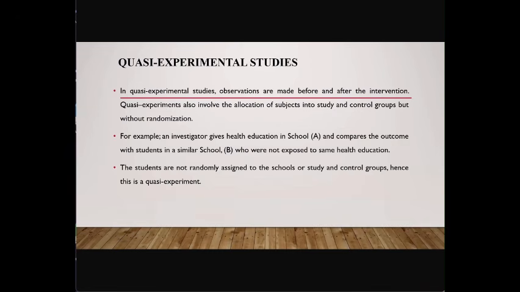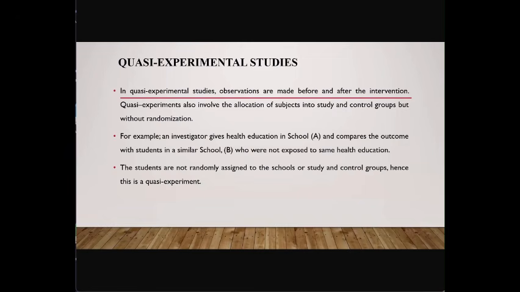But in school A, where we carried out the intervention, if we compare the results today and the results previously, we observe a change has occurred, right? So in that, guys, we attribute the change that occurred to the intervention.